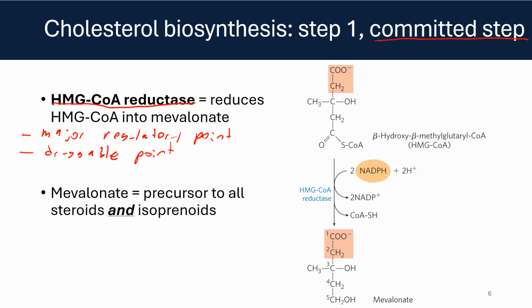How does this enzyme work? We are going to take HMG-CoA and reduce it using 2 equivalents of NADPH. We are going to use this reducing power, and we are going to get rid of the coenzyme A and turn this thioester into a primary alcohol.